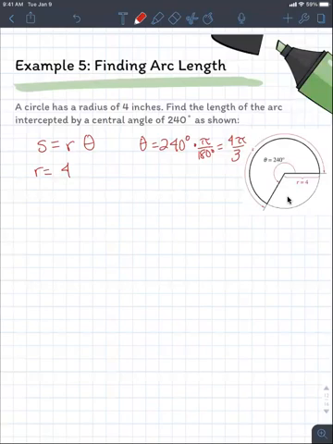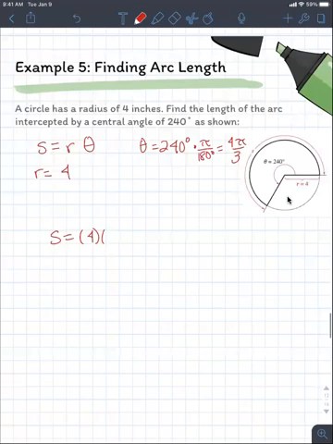And then to get your actual arc length, you'll multiply r times theta. So in this case, S will be 4 times 4 pi over 3, which is 16 pi over 3. Not too bad, right?